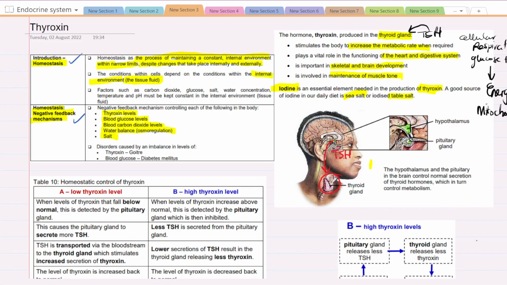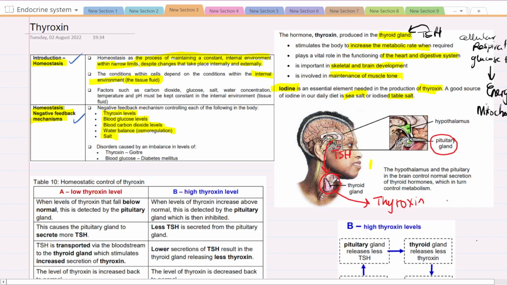So your TSH will be secreted by the pituitary gland. Here's the pituitary gland secreting TSH, and the TSH will therefore stimulate the thyroid gland. Then the thyroid gland will release or secrete thyroxin.